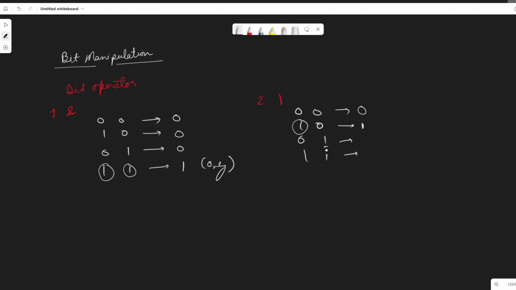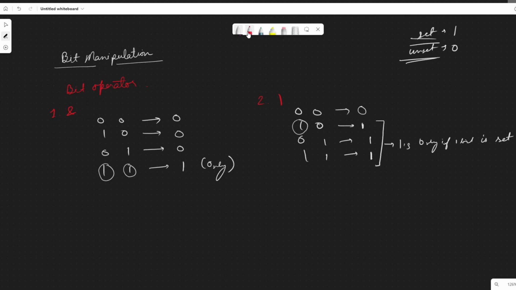Here we are having 1, so it gives 1. If both the bits are 1, it also gives 1. So in these three cases it will give one, only if one bit is set. Basically, set is used for 1 and unset is used for 0.